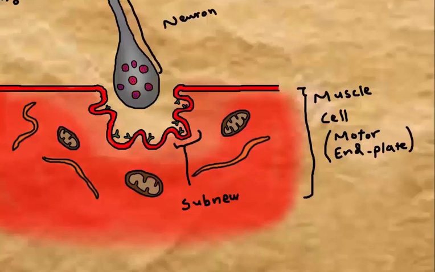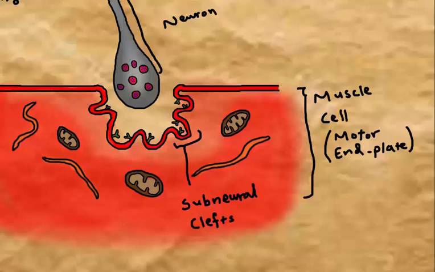In the muscle cell, we can find invaginations which are called the subneural clefts, and these are for increasing the surface area. These invaginations contain the receptors for the neurotransmitters released by the neuron.